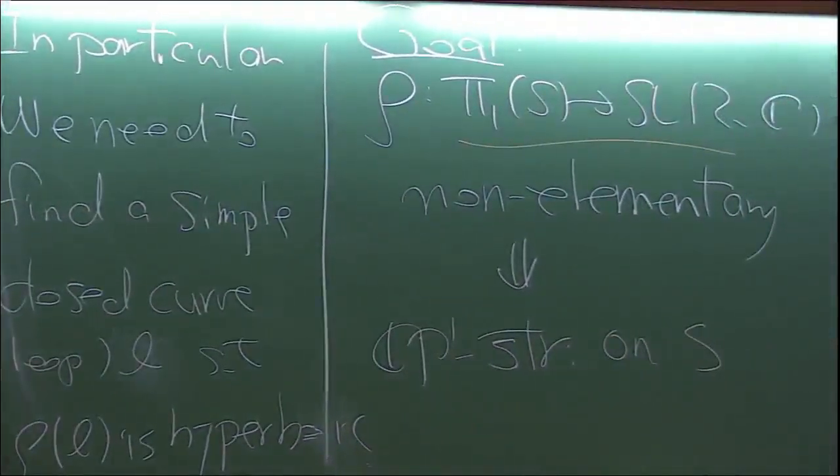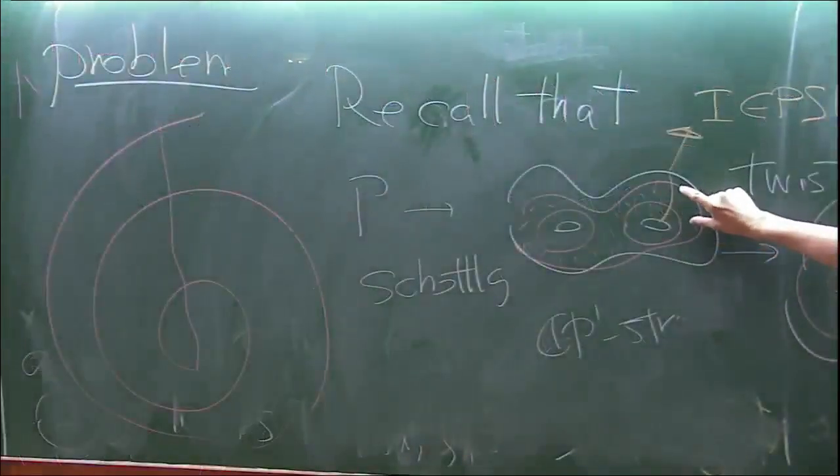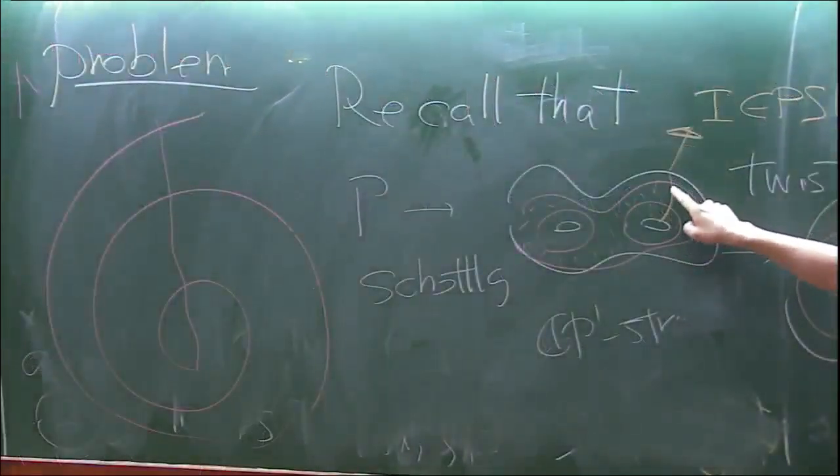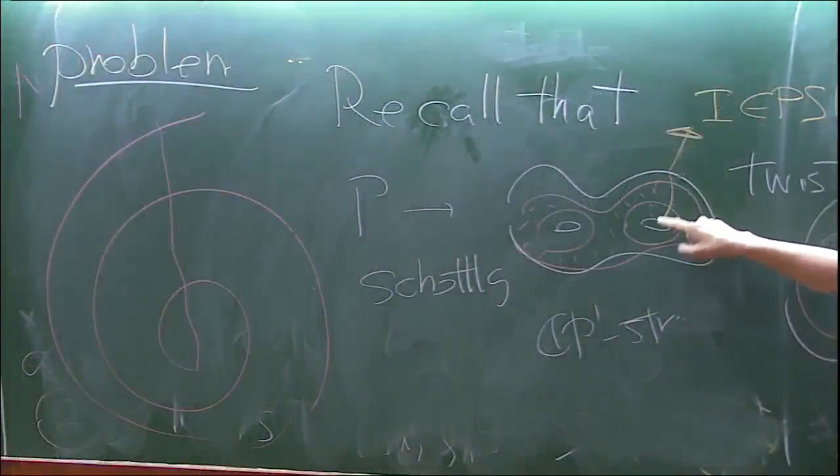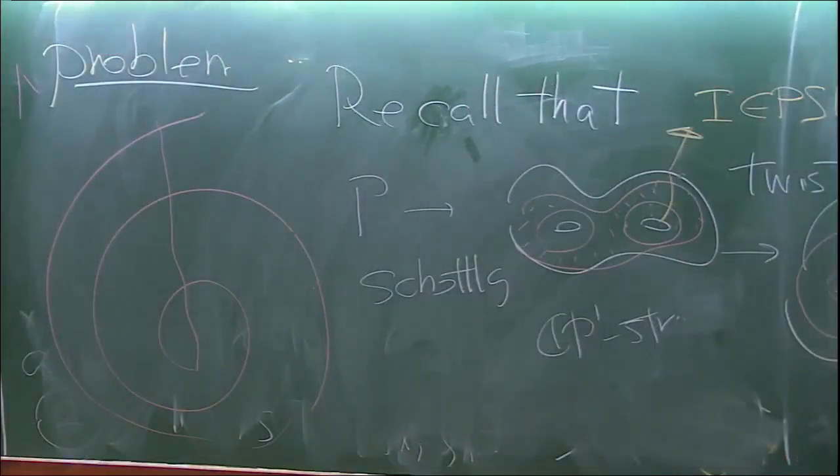USL2C, and so here, the point is that when you twist it, you're actually twisting two boundary components. You're changing the amount of rotation of two when you do one then twist.